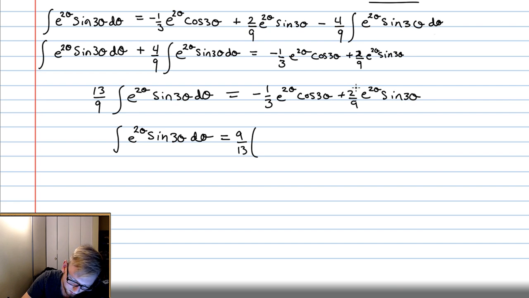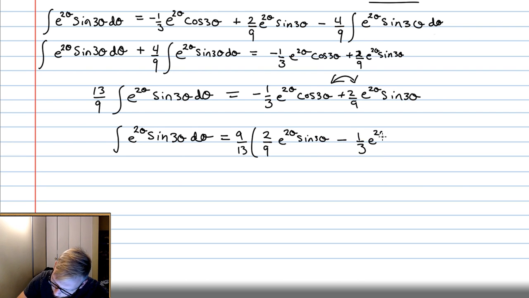And I'm just going to reverse these orders so that it's a positive minus a negative, not a negative first. So we've got 2 over 9 e to the 2 theta sine 3 theta minus 1 over 3 e to the 2 theta cos of 3 theta.